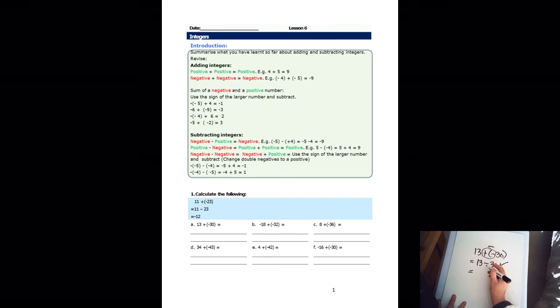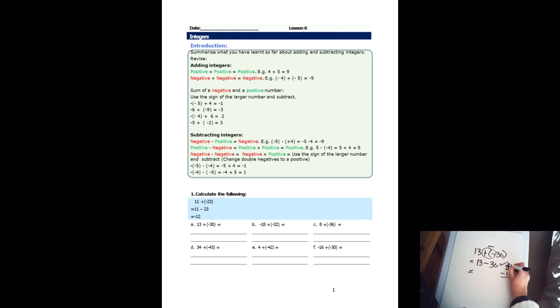Then I'm going to say, can I see that there's a positive 13, negative 30? They are different. I've got a positive number, a negative number. I can't just go and add them or just subtract each other. So I cover the sign. This is positive, that's negative, I cover. And now I say, what is the difference? Remember, they're different signs. So what is the difference between 30 and 13? You can even go and work out 30 minus 13.